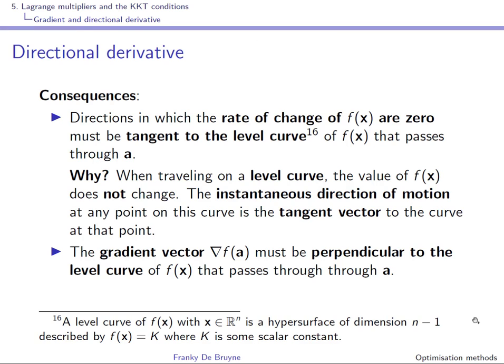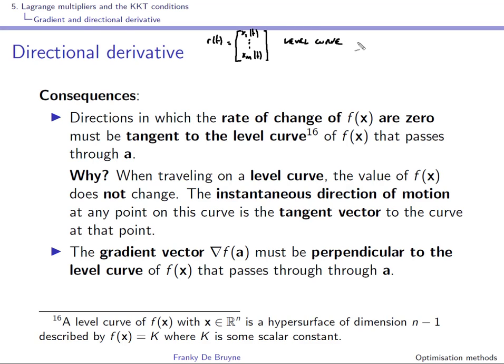So another way to see this is as follows. Let us assume that r of t, and this will be a kind of position vector x1(t) up to xn(t), is a level curve.